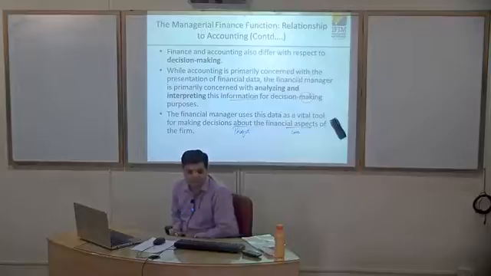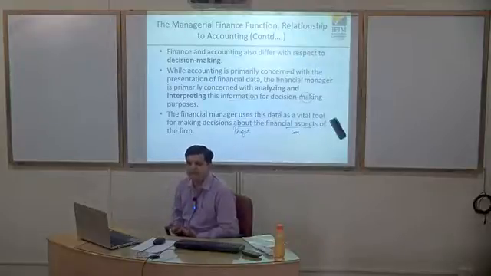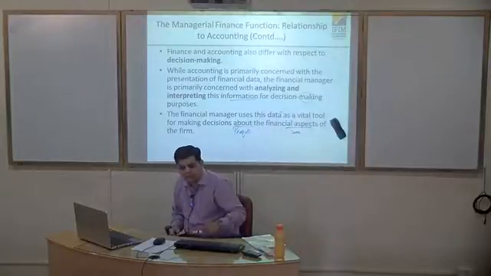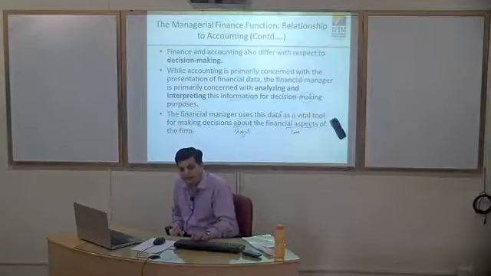So the accountant is responsible to start with the journal, ledger, then trial balance, and final accounts. The financial manager looks at the balance sheet and income statement, and then starts looking at why it is like this, and looks at ways of tweaking the flow of cash, the way it is moving within the company or moving out of the company.